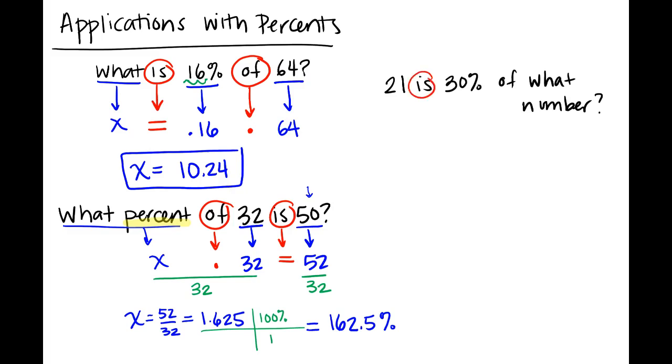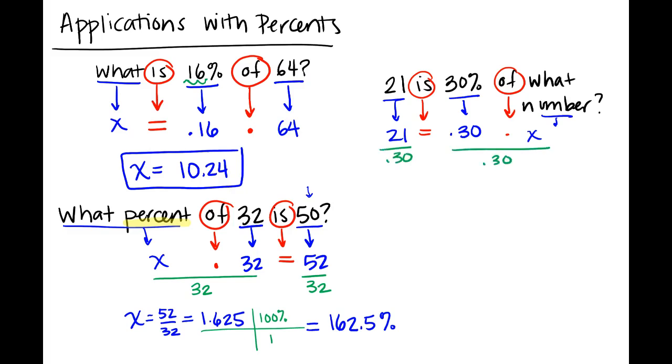All right, so our last question here is the only other way this can go. Again, we'll just translate by bringing down our "is" and "of" as an equals and a multiplication, and then bringing down all of the rest of this. So I've got my 21, I'll write my percent as a decimal, and my unknown as an x. Just like the last question, I have some multiplication that I have to clear using division.